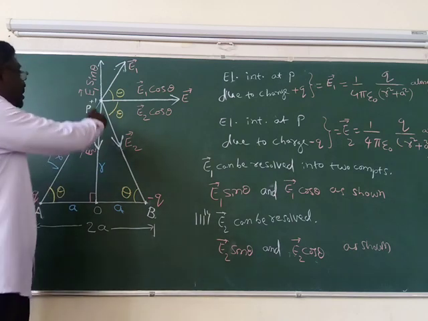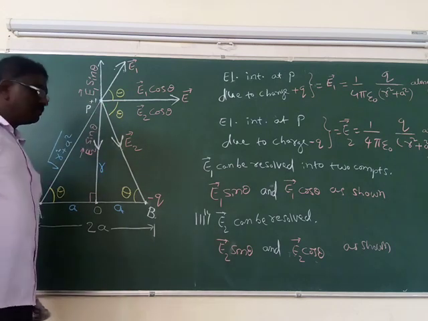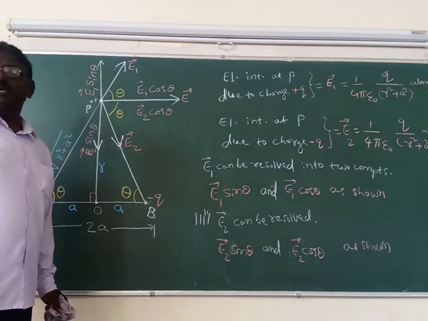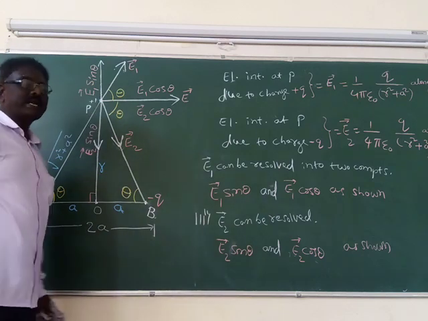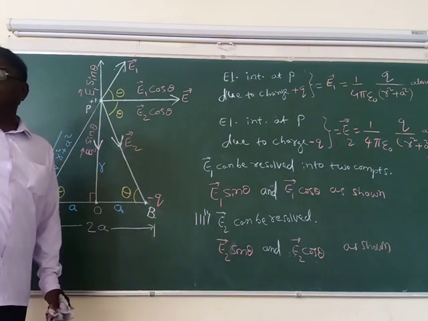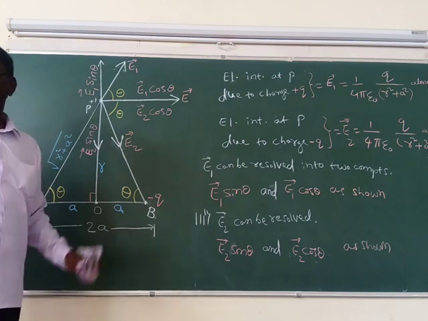The two components along the equatorial line, they are equal and opposite at P. They are acting at P. They are equal in magnitude and opposite in direction. Therefore, they cancel each other.